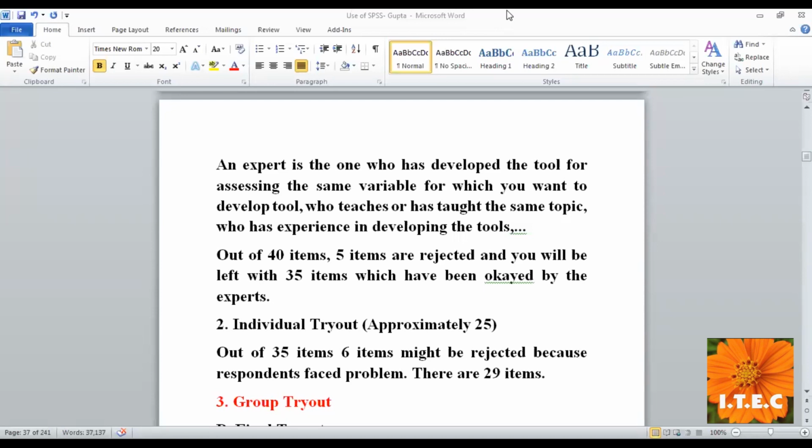In a questionnaire, you cannot write neutral or undecided. It is the scale. So that is the thing. Rawat, I hope you have understood it.